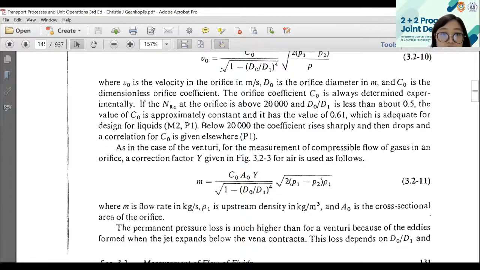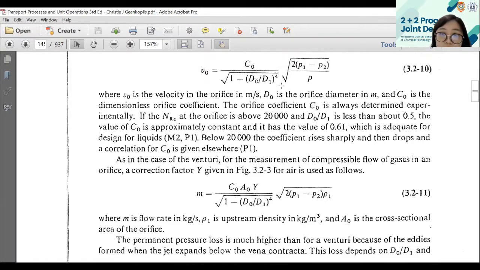To change velocity to mass, I have to multiply it with A and density. That's why the density from the denominator will move up to the numerator. And there is also A0 here. And there's also Y, the correction factor for the gas.